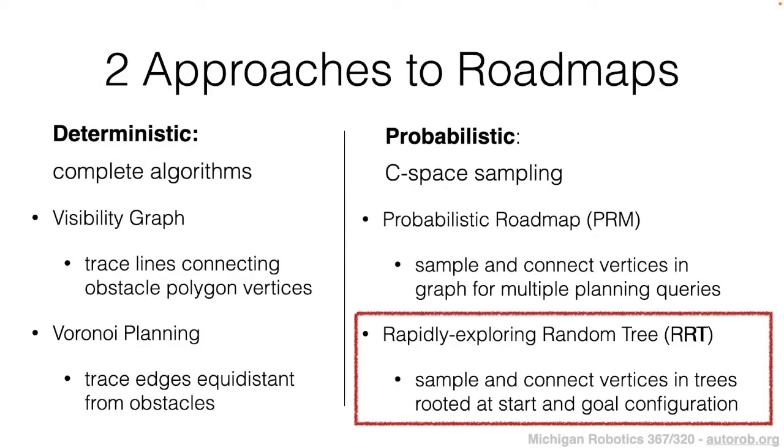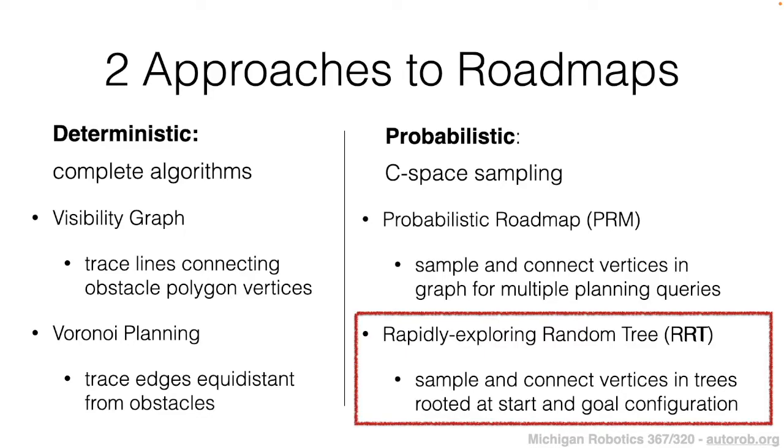So that covers the probabilistic roadmap algorithm, which then leads into our discussion of rapidly exploring random trees. Rapidly exploring random trees, or RRT for short, is another example of a probabilistic roadmap construction algorithm, and it's going to be based somewhat on our discussion of the PRM algorithm that we've been talking about.